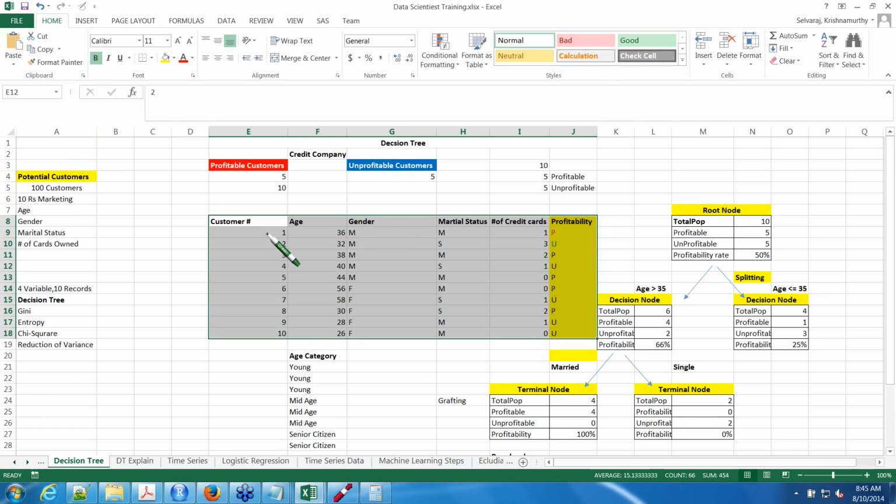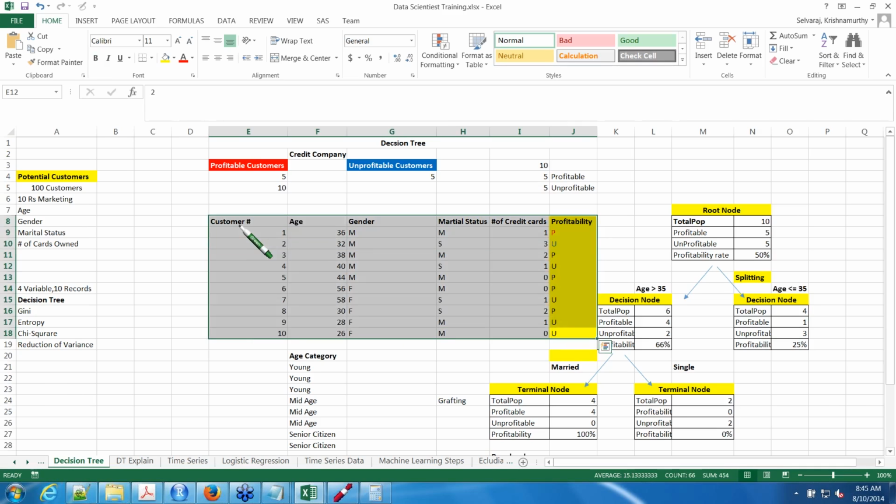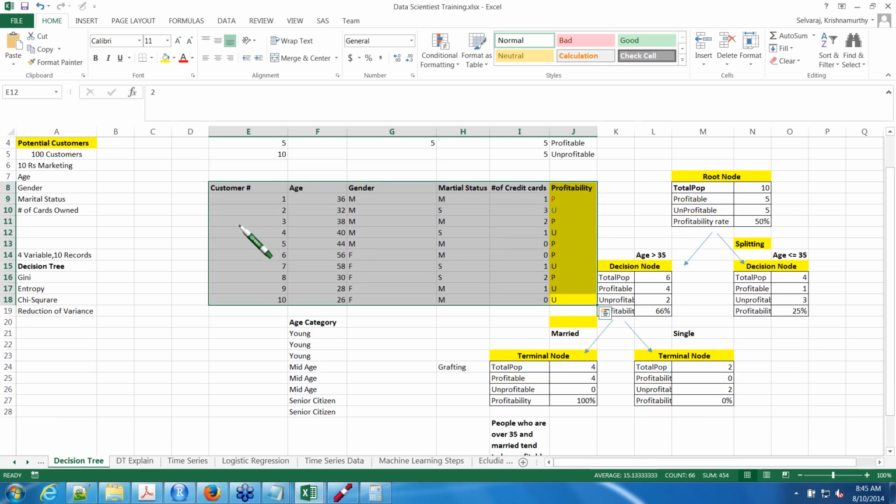What is the age of a customer, the gender, the marital status, the number of credit cards, and profitable or not. This data is already available in the bank. So now I want to train my system to find out what makes a customer profitable and what makes a customer not profitable. That's what I want to find out.